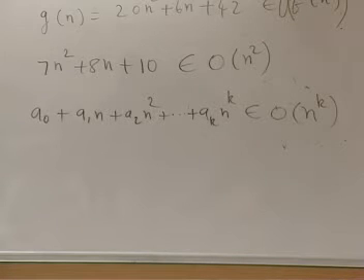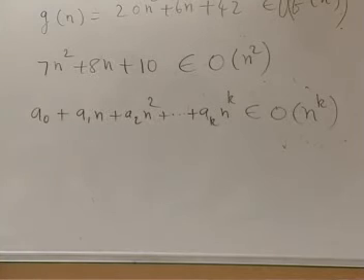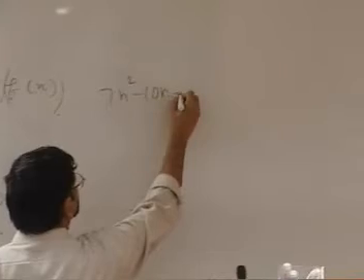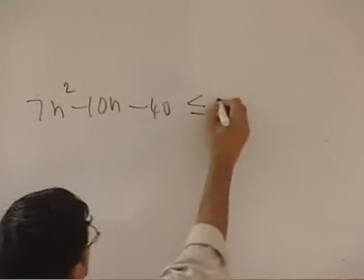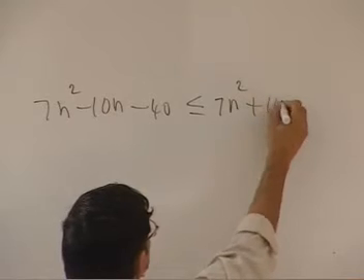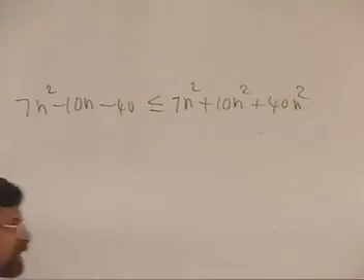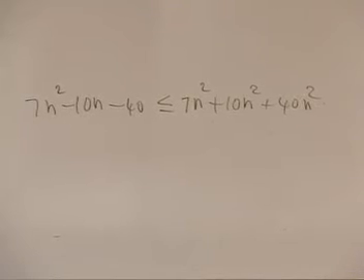What is the constant? Simply add all these numbers. If some of them are positive and some are negative, take the absolute value and add them. If you have, for example, 7n square minus 10n minus 40, still you write it less than or equal to 7n square plus 10n square plus 40n square, for the sake of argument. In other words, you take the absolute value.